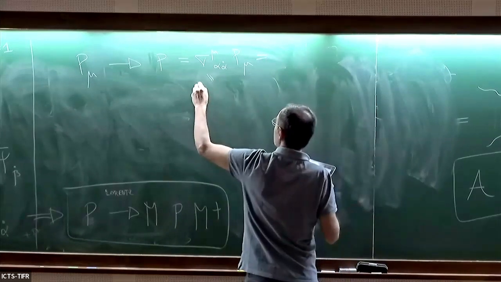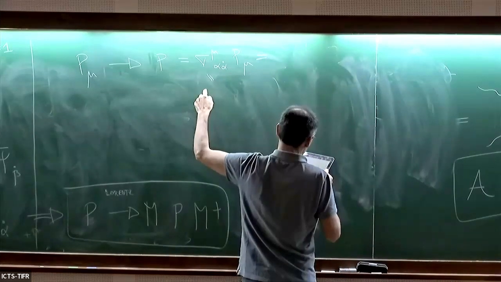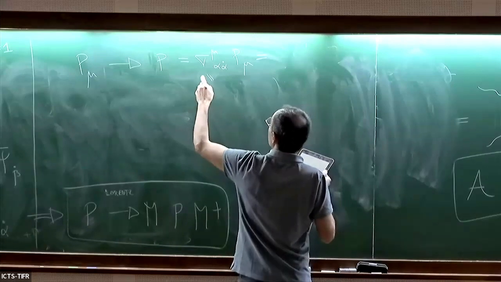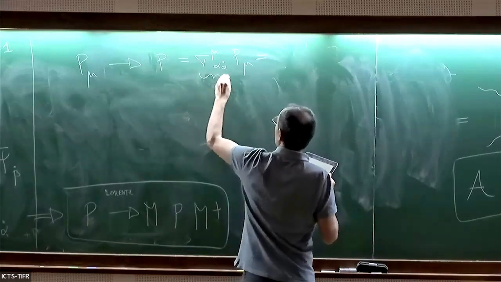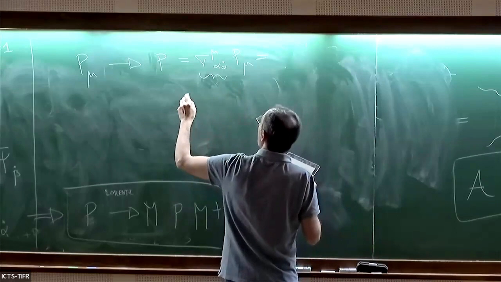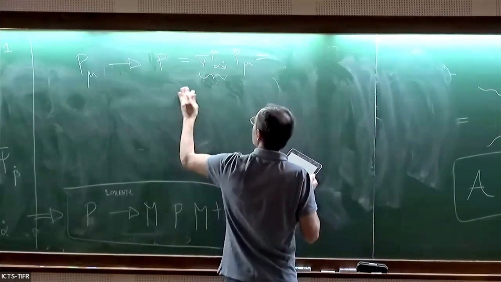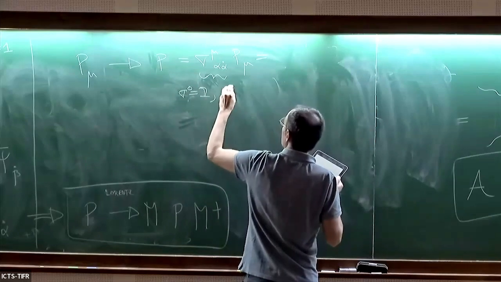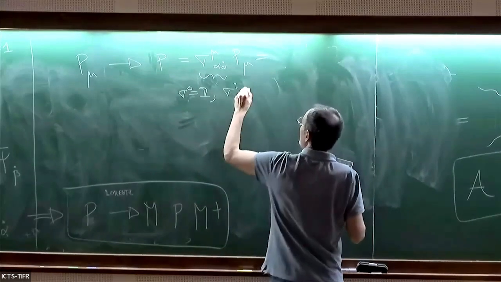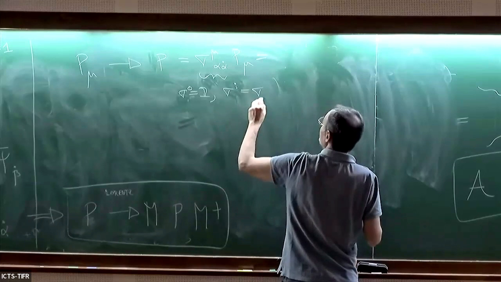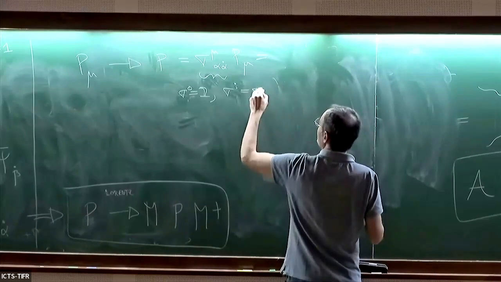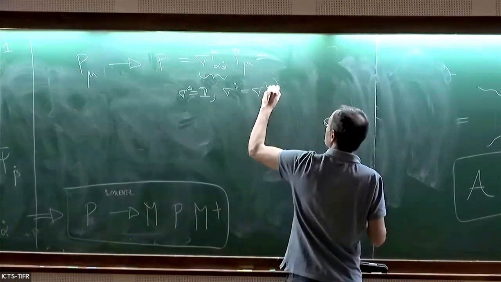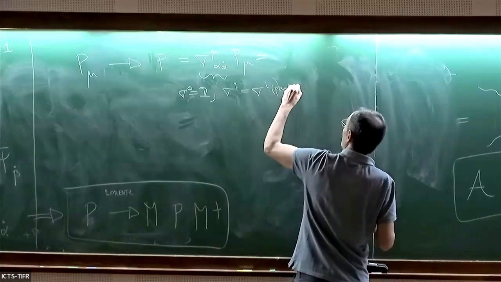What is this guy? These are 2 by 2 matrices. Sigma 0 is the identity, and sigma i are the Pauli matrices.